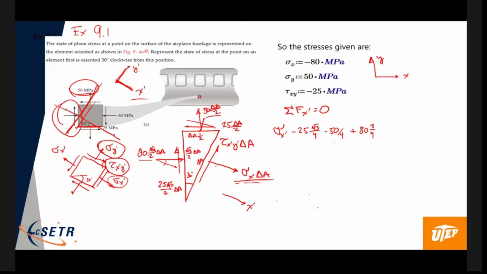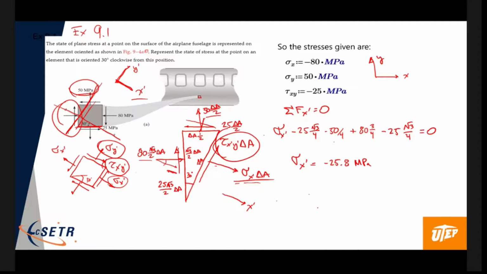And then this component here has a component in the negative x prime direction, and it's a sine, so it's negative 25 rad 3 on 4, and all that has to equal 0, and that'll give you that sigma x prime is equal to negative 25.8 megapascals.